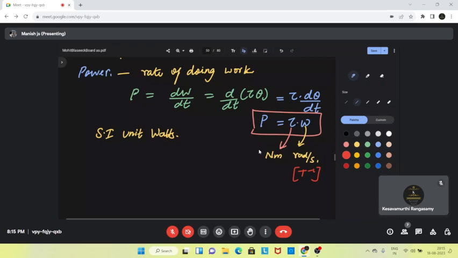And for torque, what was the unit? Dimensional formula M L square T power minus 2, isn't it? That was for torque. Combine both, what do you get? You get M L square T power minus 3. So this is the dimensional formula for power.